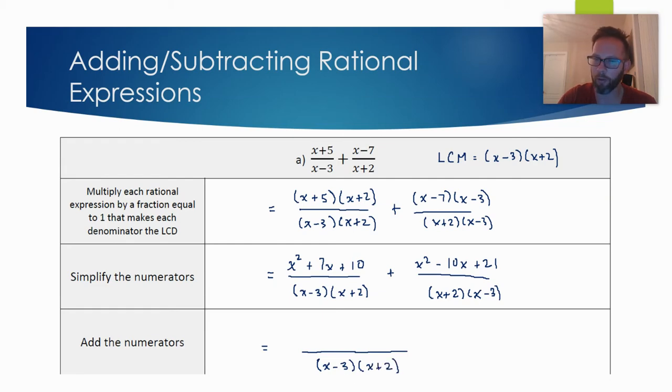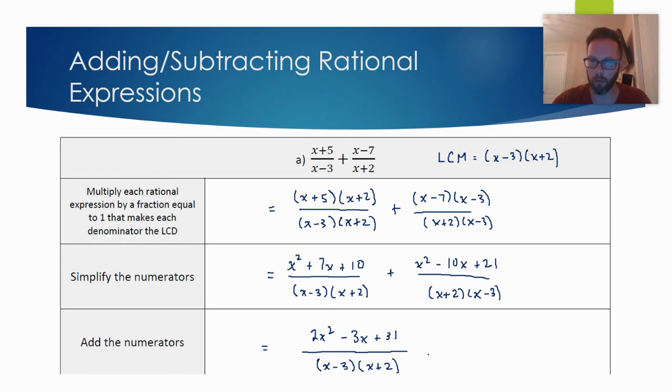I'll just write x minus 3, x plus 2. Those two things are equivalent. It means the same thing as x plus 2, x minus 3. What do we get? We get 2x squared. We're adding, so 7 plus negative 10 minus 3x. 10 plus 21 plus 31. Looks okay to me.